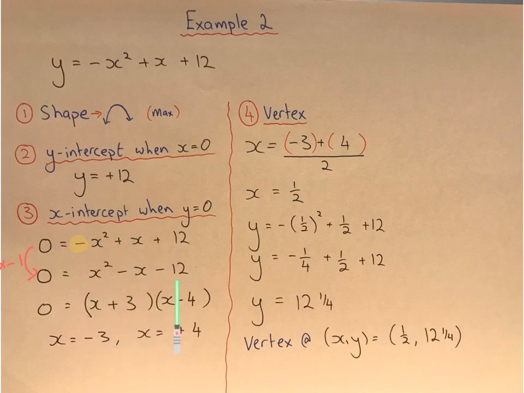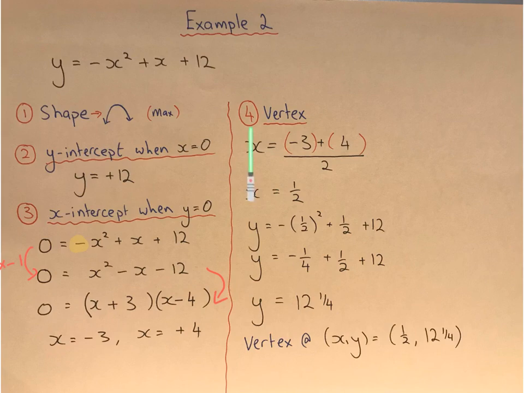Now factorising here, it factorises as x plus 3 and x minus 4, giving me solutions of x equals -3 or x equals +4. Note that if you need some more practice at this step, it's really important that you do so. Otherwise you won't be able to sketch your parabolas.